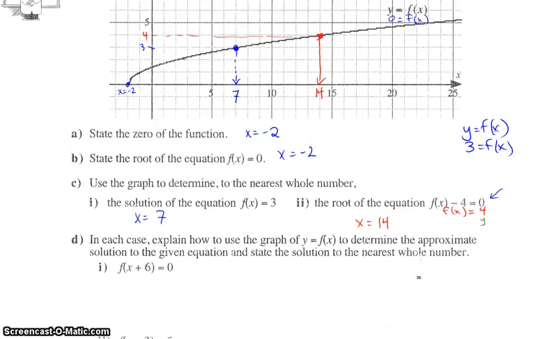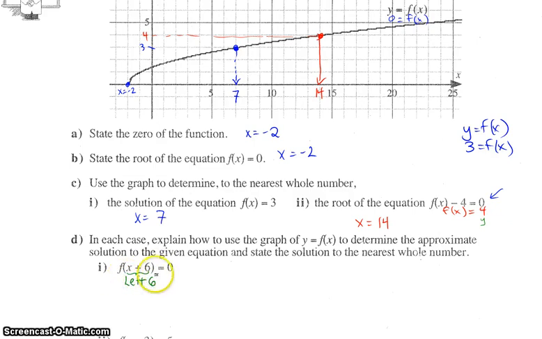They throw some horizontal translations in. It says, in each case, explain how to use the graph to determine the approximate solution to the given equation. State the solution to the nearest whole number. So when you look at this, f of x plus 6, think transformations. What's happened if it's no longer f of x, but f of x plus 6? Well, that means your graph moved left 6.